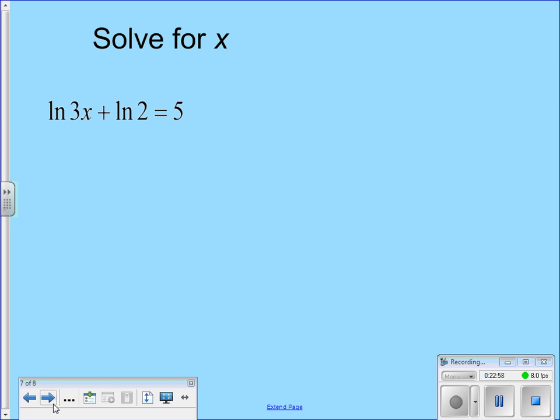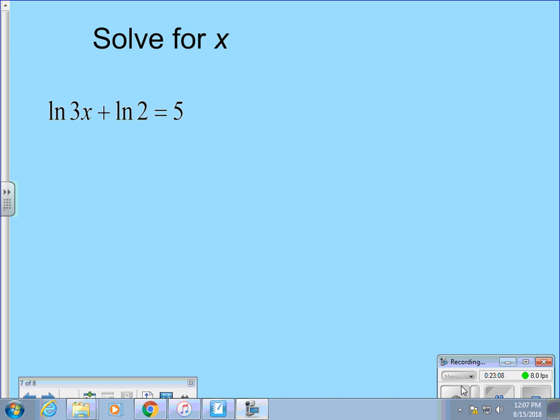Using the rules we just worked on, solve for x. Okay, so my first step in this is to combine all the logarithms.